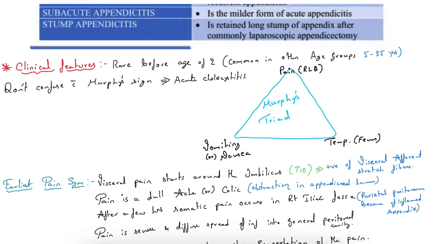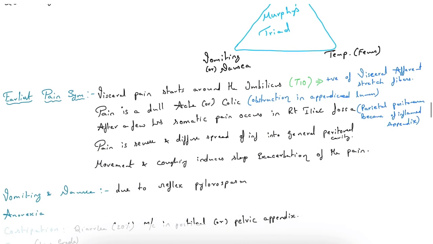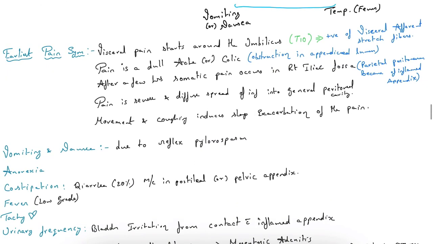and nausea and vomiting. The earliest pain symptom is pain around the paraumbilical area. Why does the patient get that pain?